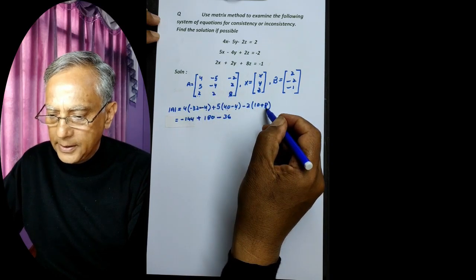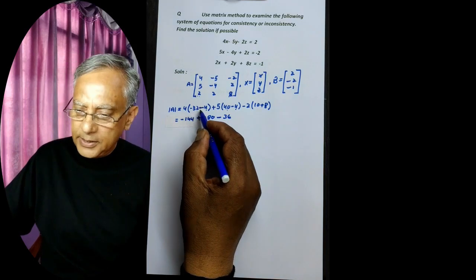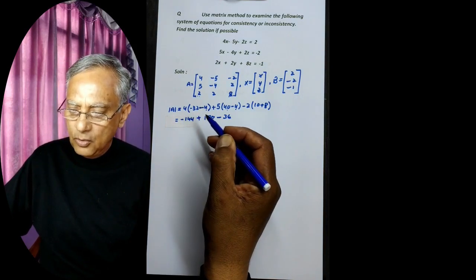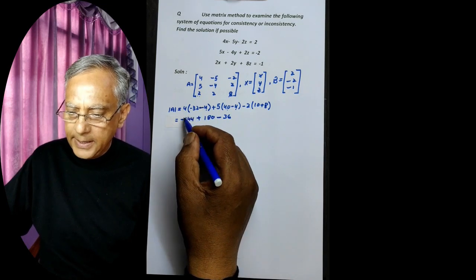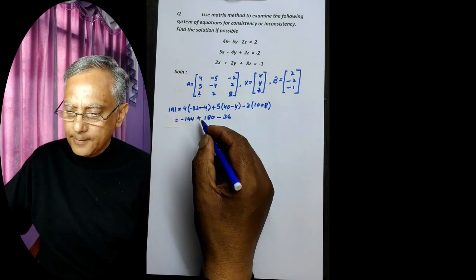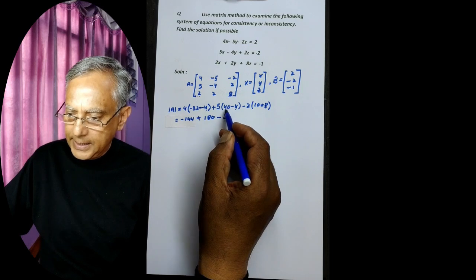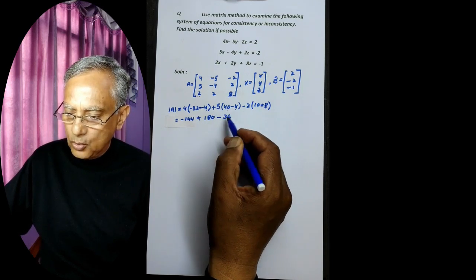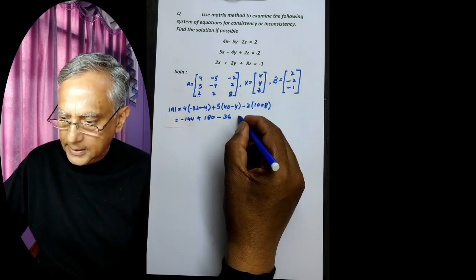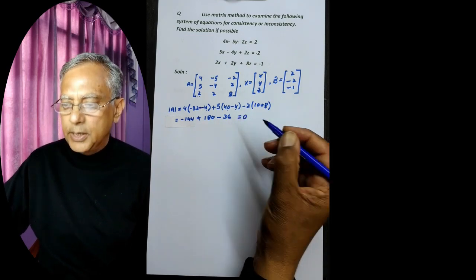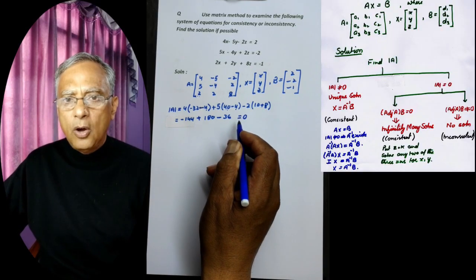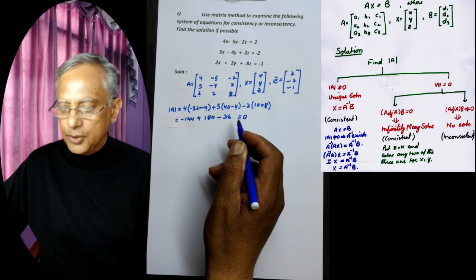And this is minus 36 into 4, that is minus 144, plus 36 into 5, that is 180, and 18 into 2 is minus 36, and this is equal to 0. Therefore the system will either have no solution or infinitely many solutions.